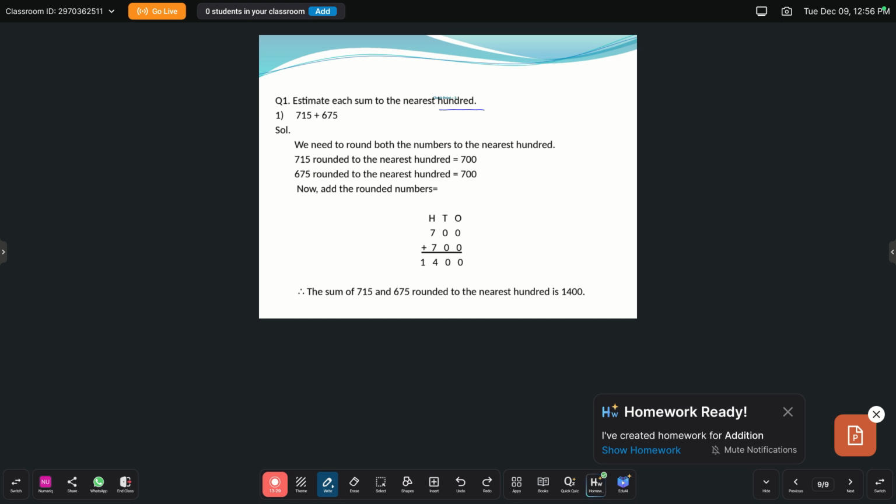What is the method? As I have already taught you, when we round a number to the nearest 100, what do we do? We check the digit at tens place.